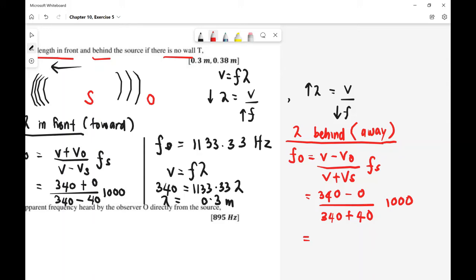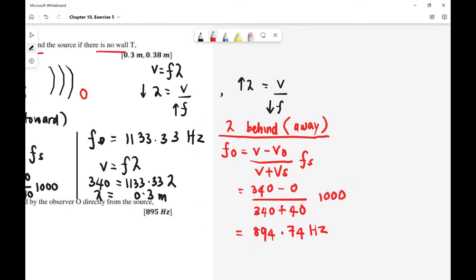So dapat answer dia adalah 894.74 Hz. And then boleh guna formula V equals F lambda untuk cari lambda behind.